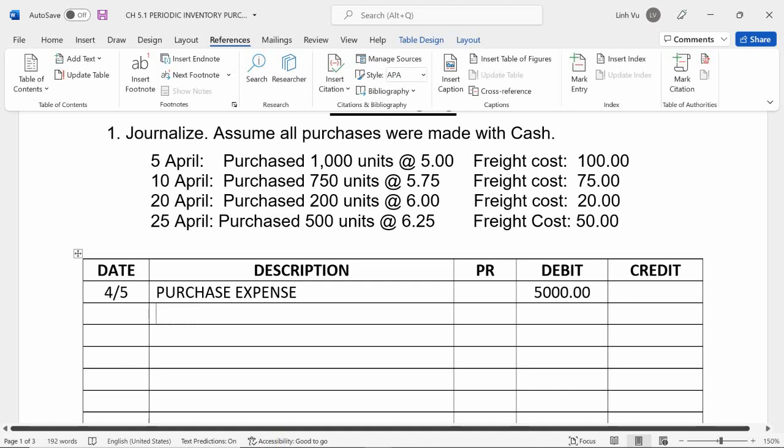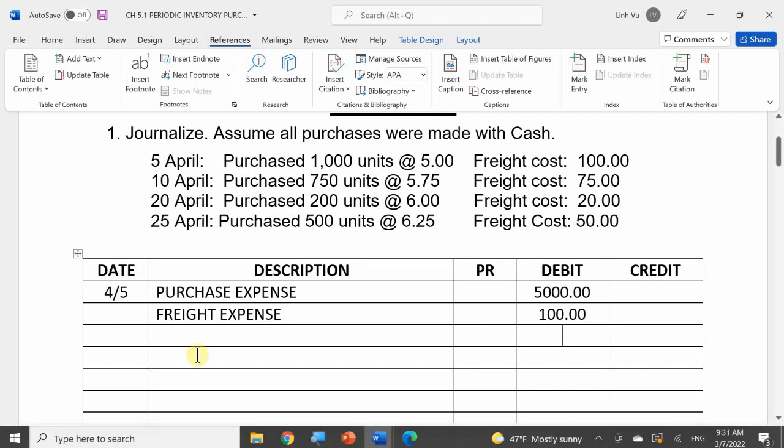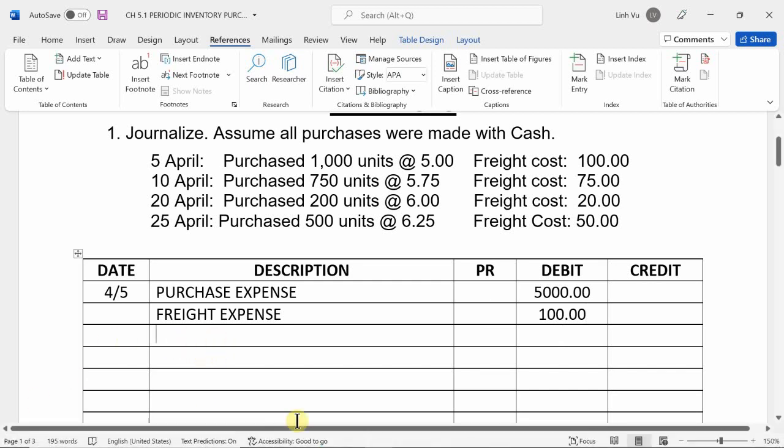And freight expense, for how much? $100. And how did we pay? Accounts payable. Let's try again.